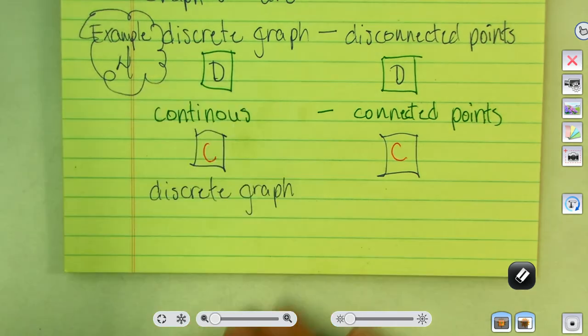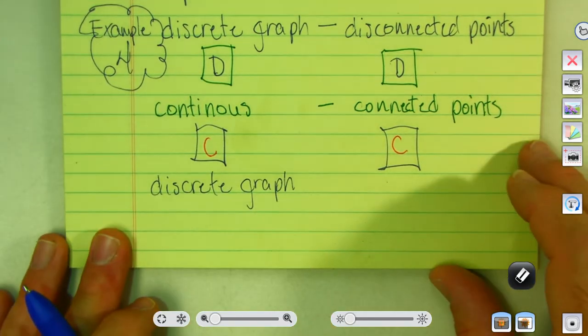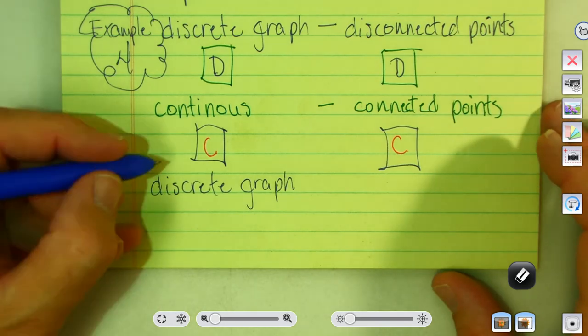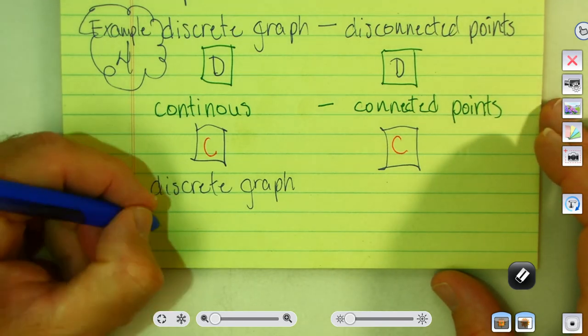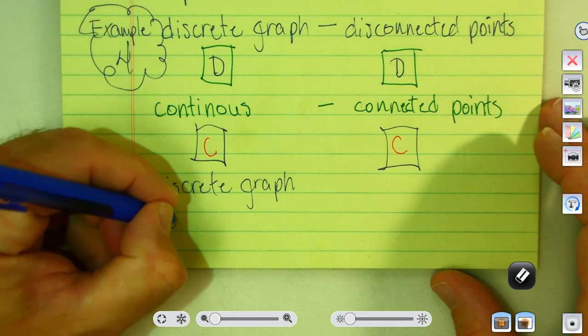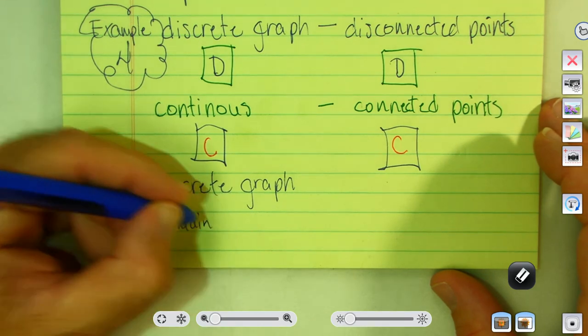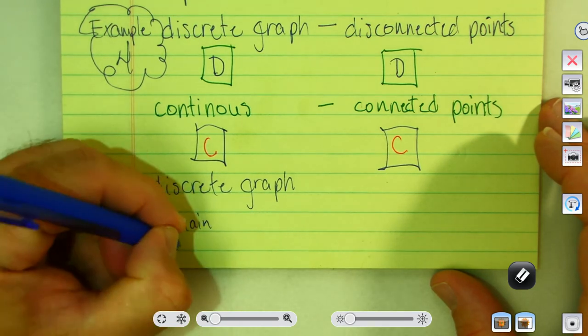And then it asked me to do one other thing. It asked me to state the domain and the range.